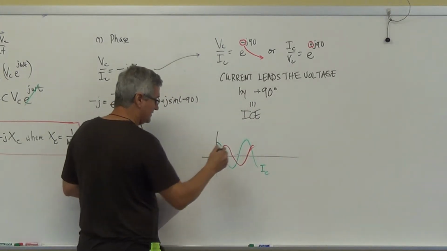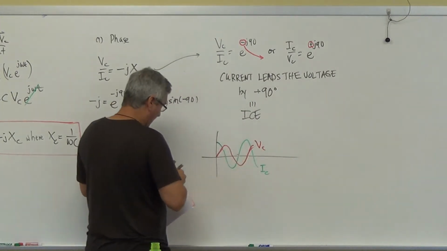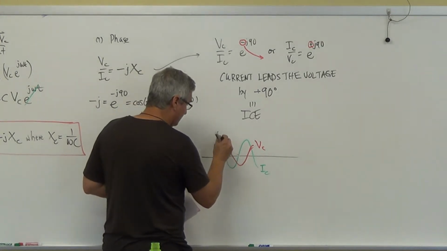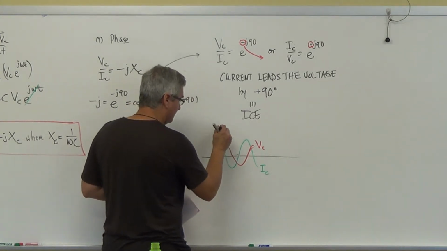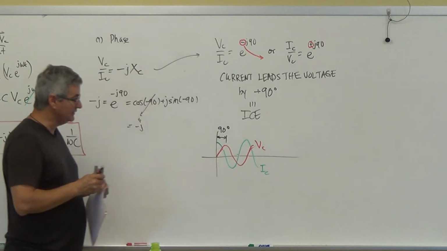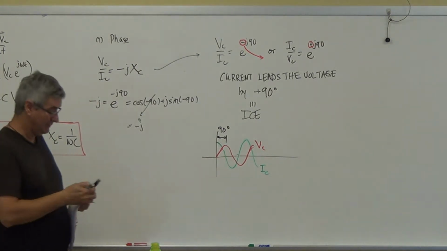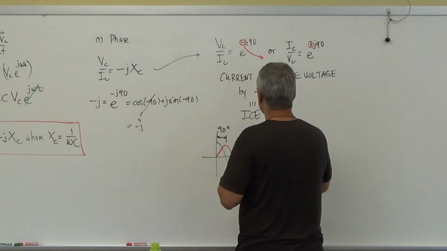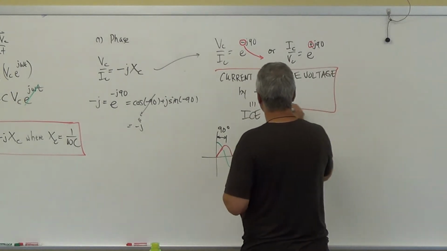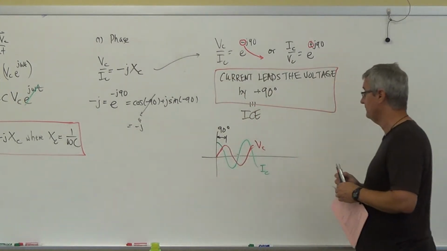So when I look at VC, I can see that the distance between these two peaks is 90 degrees. In other words, the current leads the voltage by 90 degrees here.